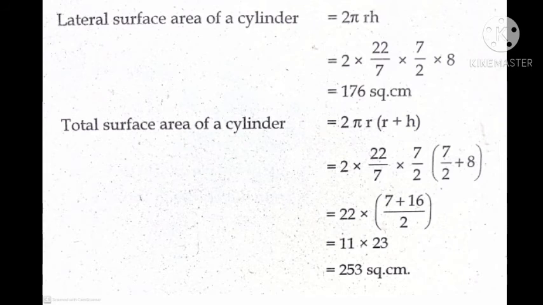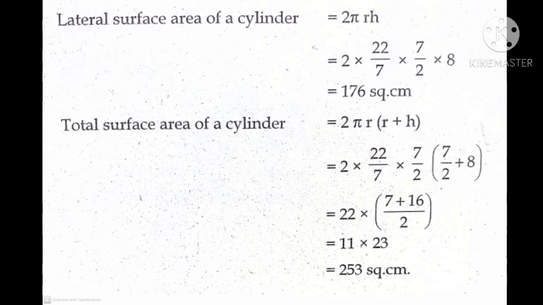Next we have to calculate total surface area of cylinder, that is 2 pi r into r plus h. That implies 2 into pi means 22 by 7 into r means 7 by 2 into r means 7 by 2 plus h means 8. That implies here cancel 7 7 and 2 2, we get 22 into, find the LCM, that is 2. 7 plus 2 8 is 16.